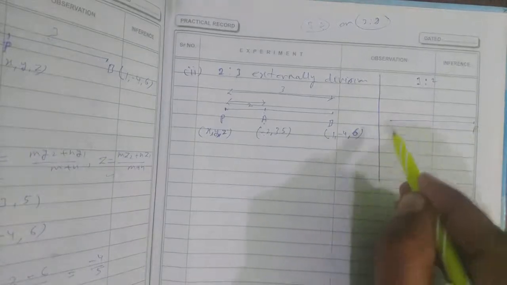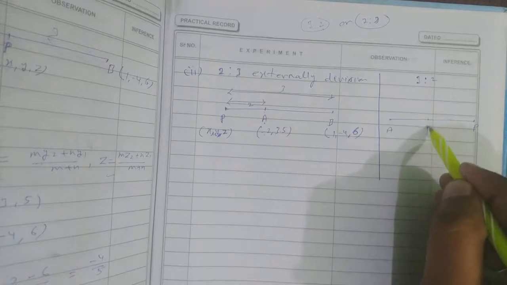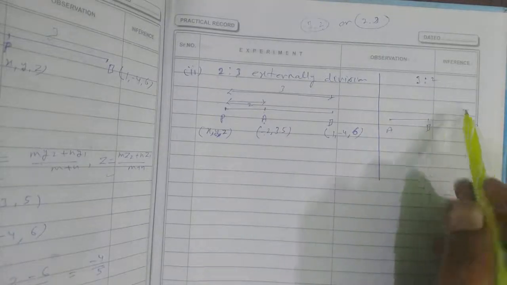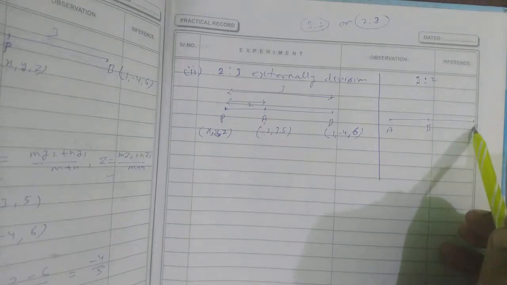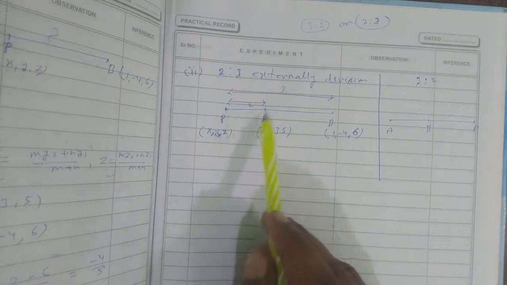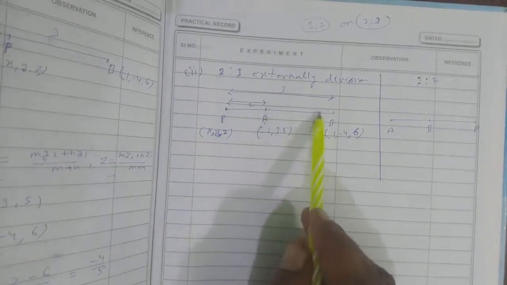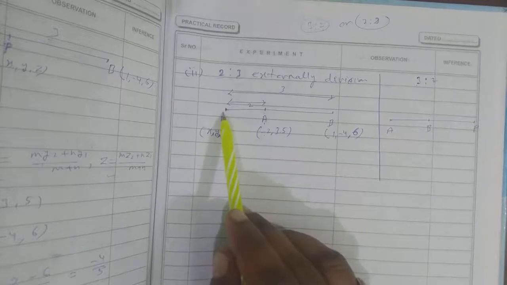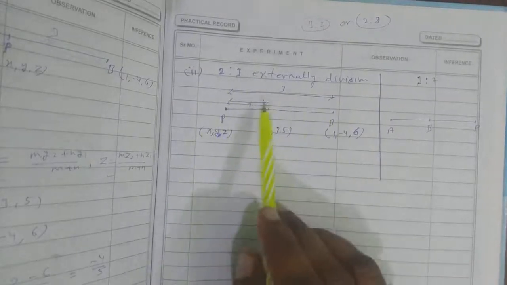The P point will be on this side, A point on this side, and B point on this side. When the ratio is 3 to 2, you write P on the right side. When you write 2 to 3, P will be on the left side. And the main points are A and B. This AB is divided by point P in the ratio 2 to 3. The diagram will be set up in this way.